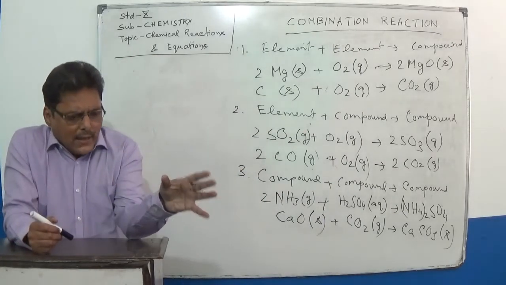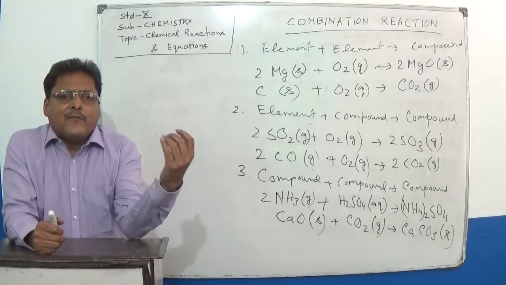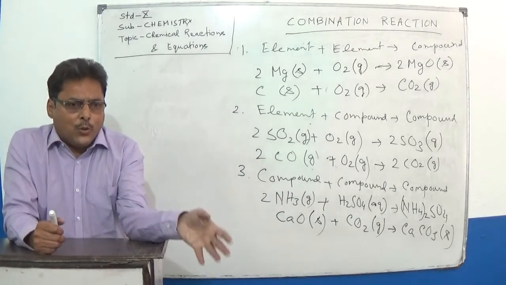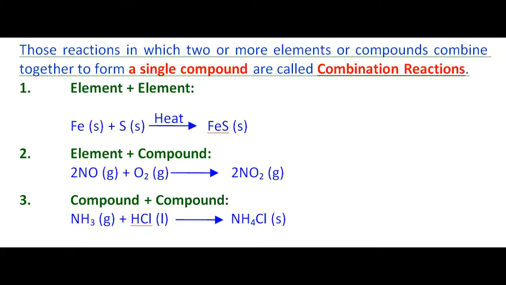Let us look at a slide with the definition and a few more examples of this work. Those reactions in which two or more elements or compounds combine together to form a single compound. This is important to remember. Only those reactions are called combination reactions.